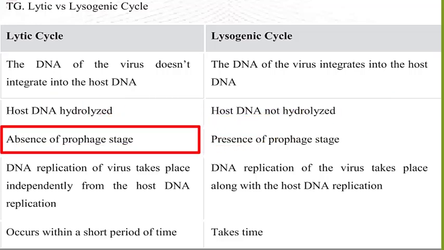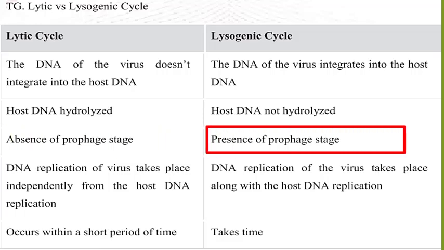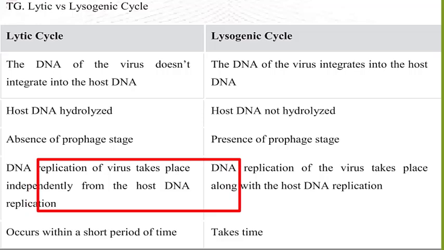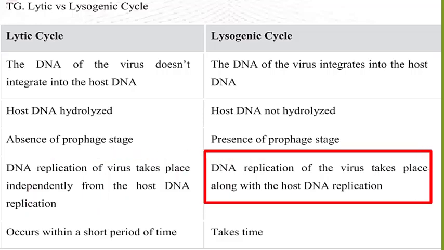In the lytic cycle, there is absence of prophage stage, but in the lysogenic cycle, there is presence of prophage stage. In the lytic cycle, DNA replication of the virus takes place independently from the host DNA replication. But in the lysogenic cycle, DNA replication of the virus takes place along with the host DNA replication.